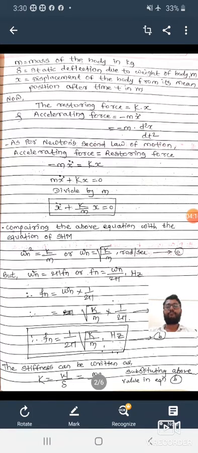We know from equation A that omega n is under root of k by m.